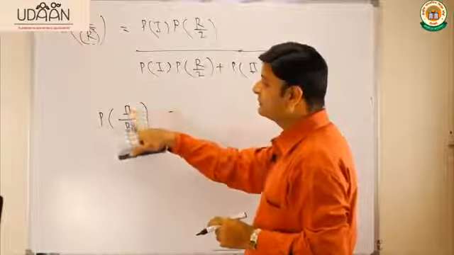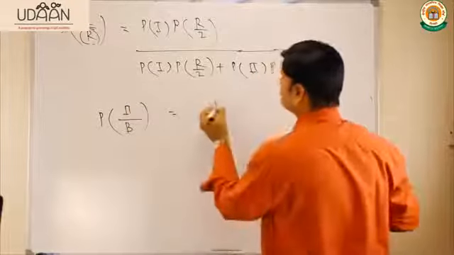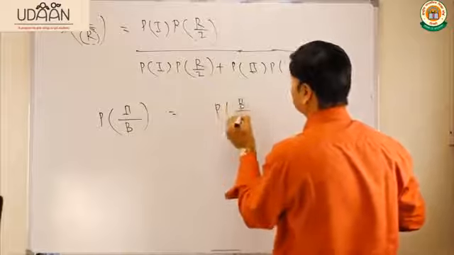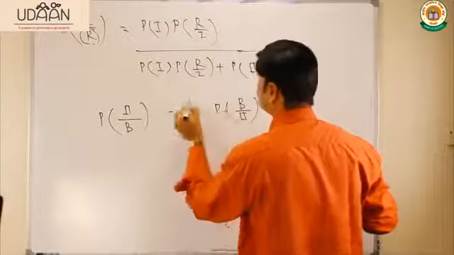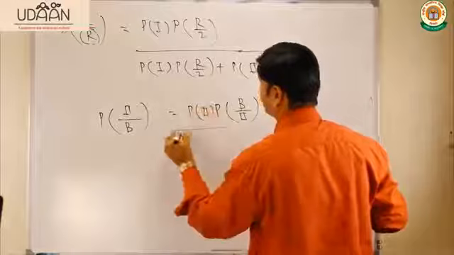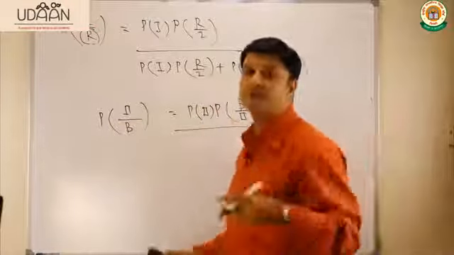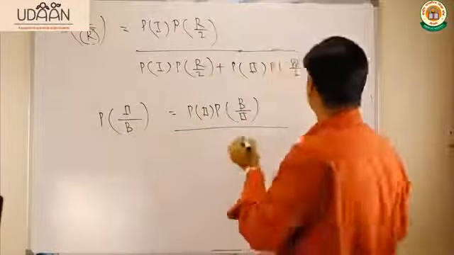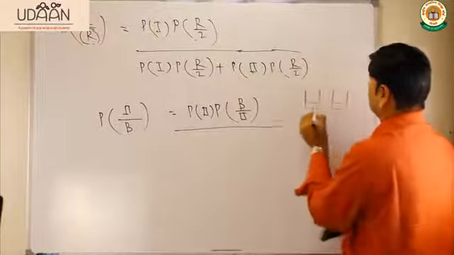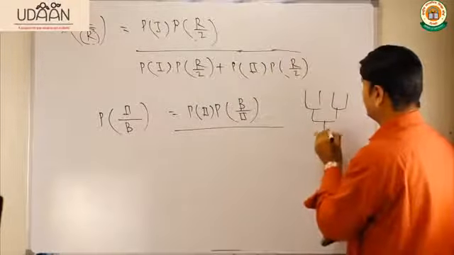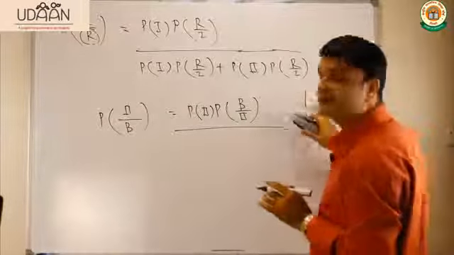As I told you, the numerator is the probability of bag 2 times the probability of black given bag 2, so we have to write it into 2. Then I told you in the denominator you have to describe how you got the black ball. There are 2 bags, one of the bags you have selected, you got the black ball, so you have to describe the event.